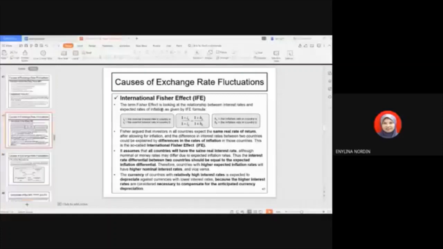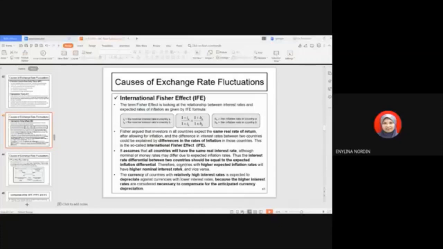Right, international Fisher effect. So this is actually the theory developed by the US economist named Irving Fisher, if I'm not mistaken. Irving Fisher. Okay, so this theory states that differences in nominal interest rate between currencies can be used to predict the changes in the exchange rate, right?